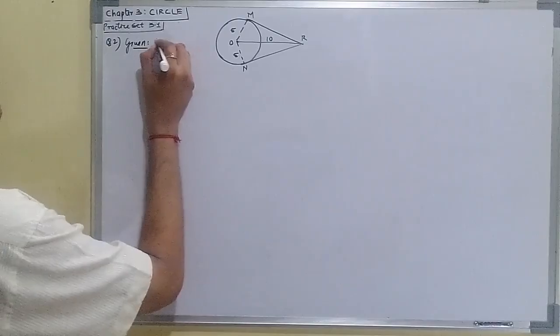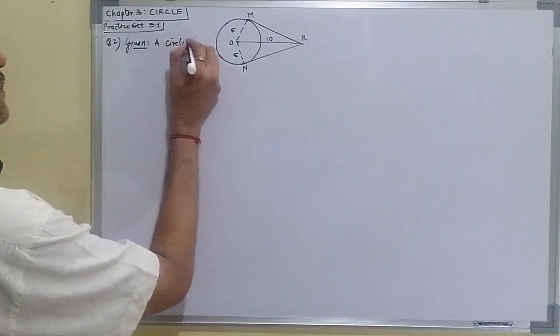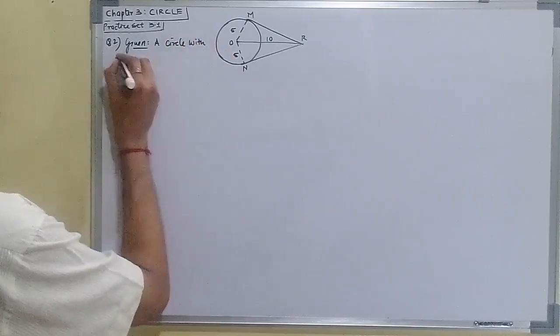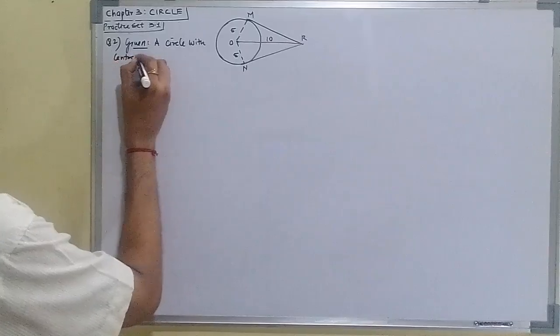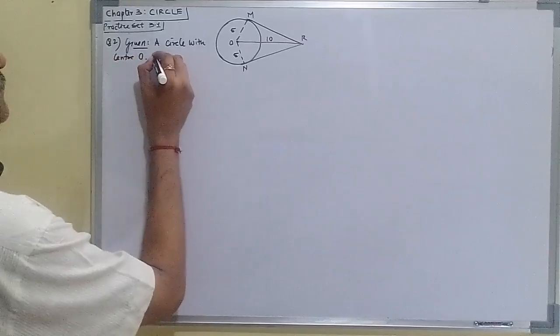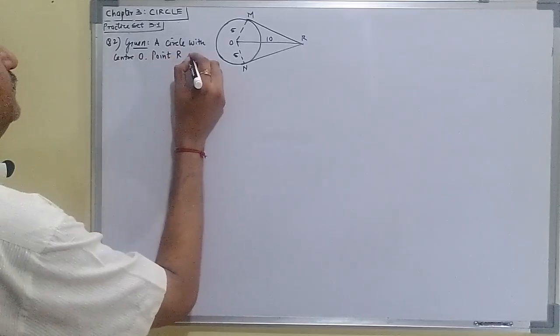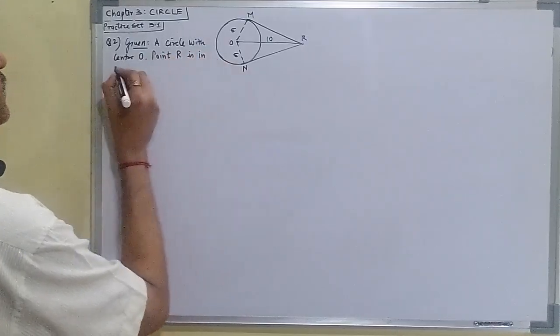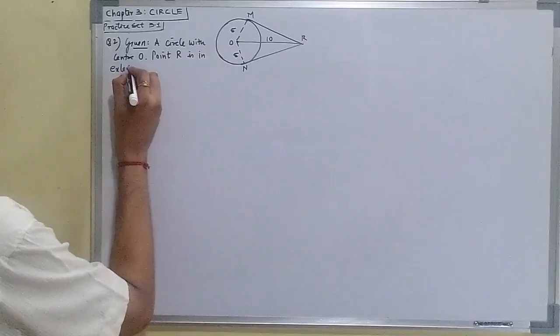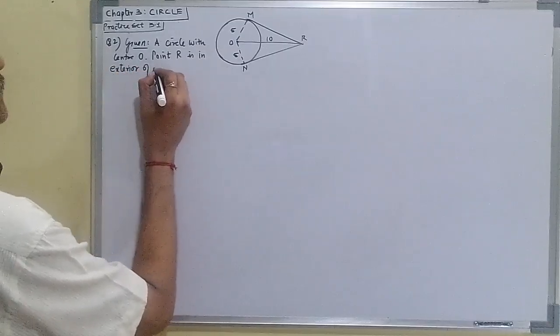Given: a circle with center O, point R is in the exterior of the circle.